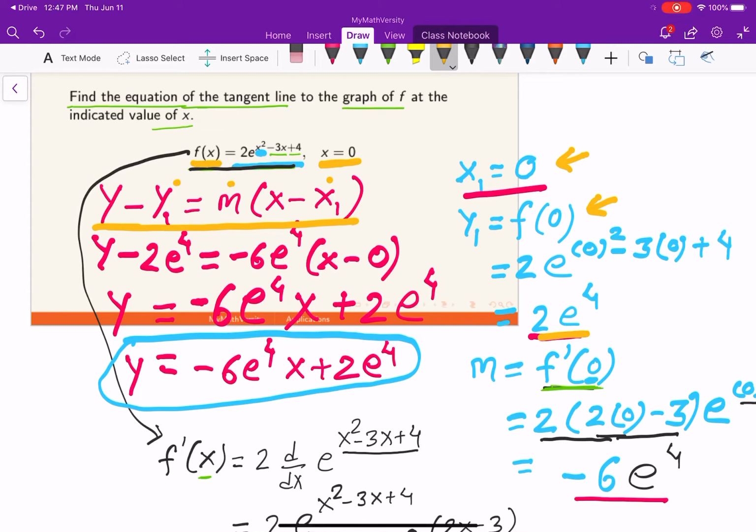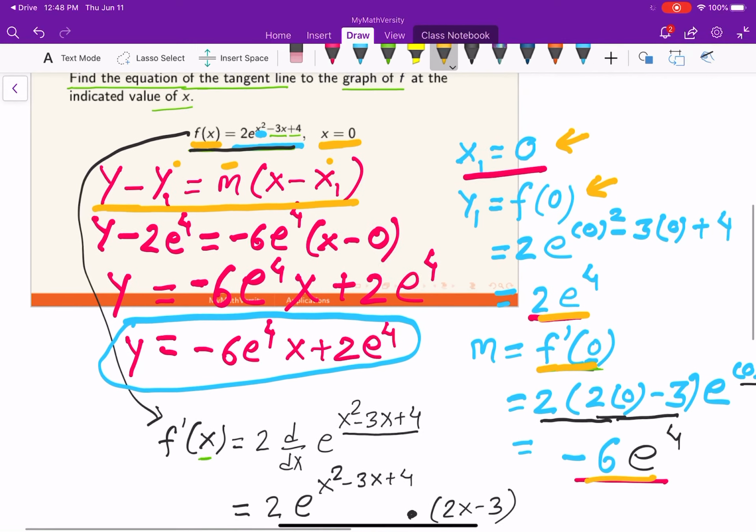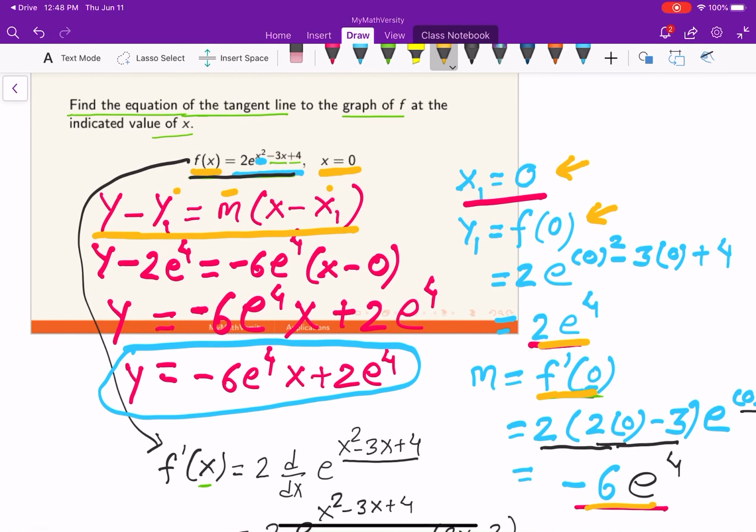And to find the slope, we find the derivative at 0. For that, we evaluated the derivative here and then evaluated that derivative at 0. So we find the x coordinate of the point of tangency, the y coordinate of the point of tangency, and the slope of the tangent line at that corresponding point to solve this problem.